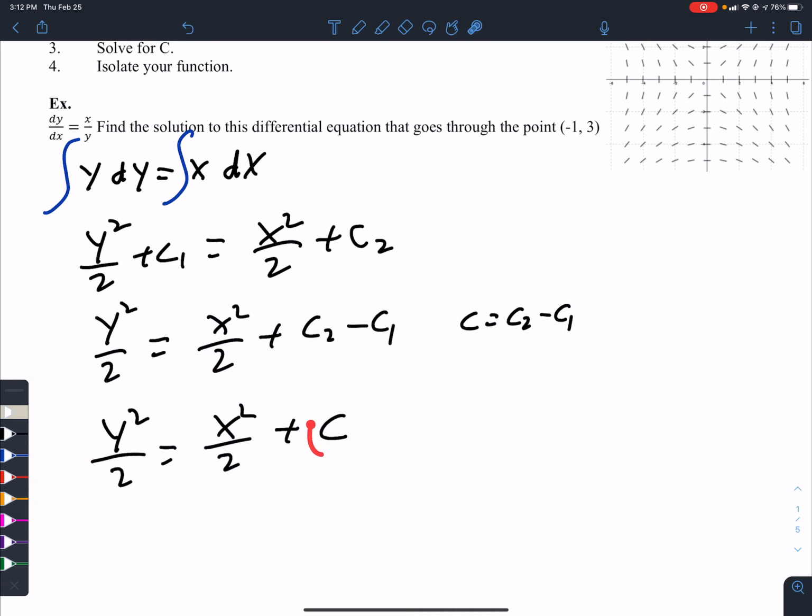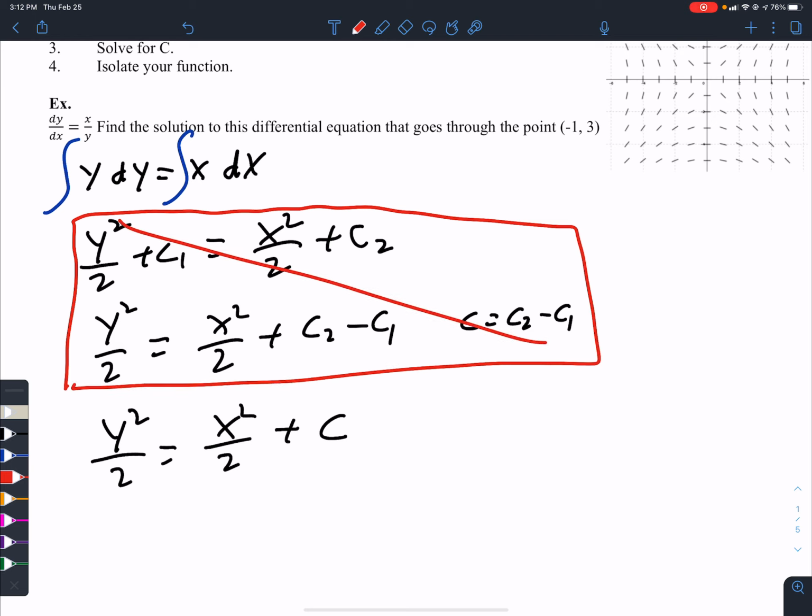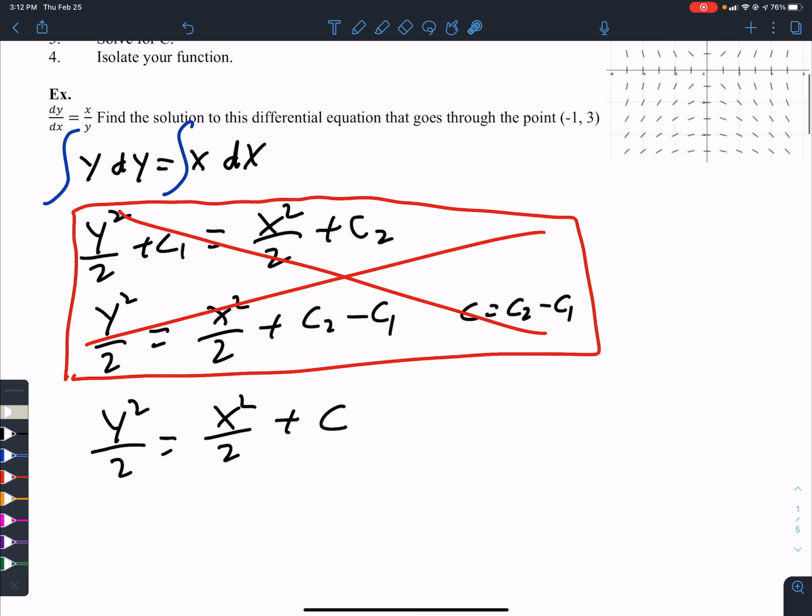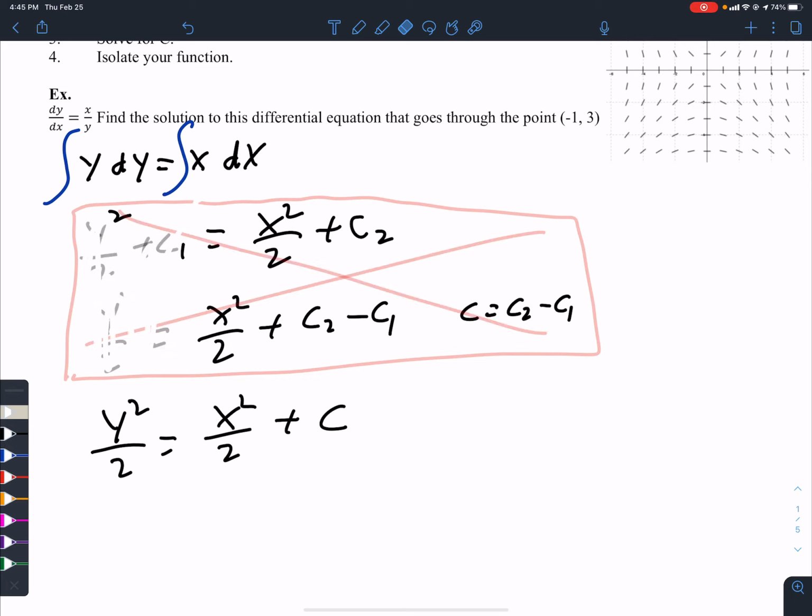But again, this is just a constant, so it's the same thing. All this to say, all of this work here is not necessary. When you separate variables, you only end up with a c on one side. So we could ignore all that stuff before, so we can eliminate all of this.